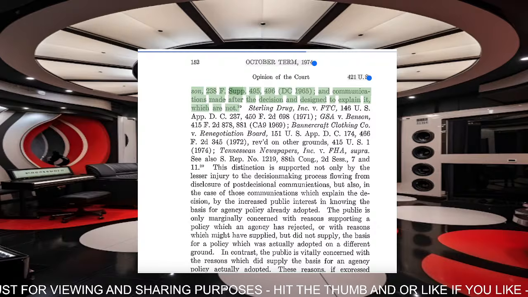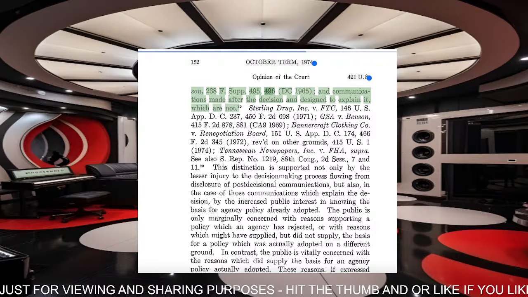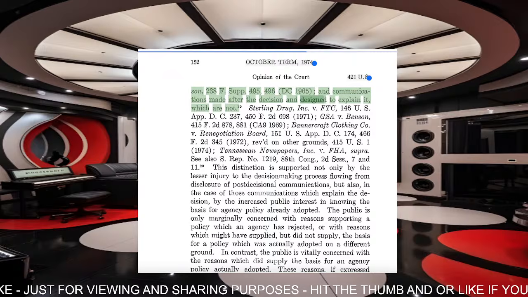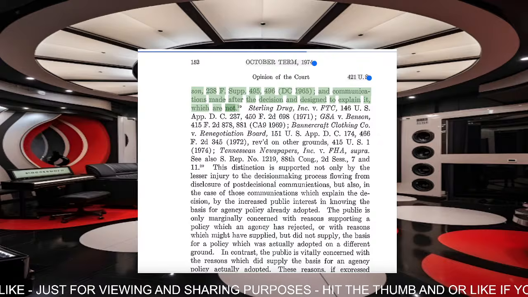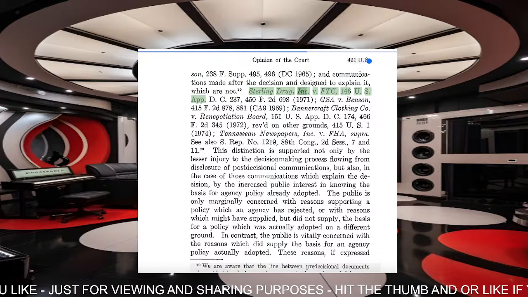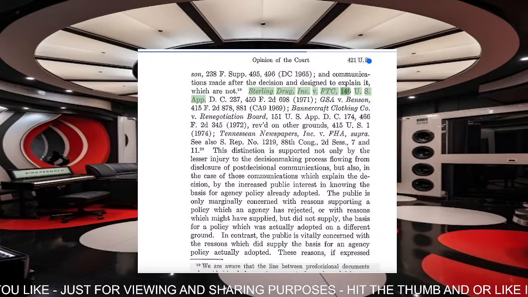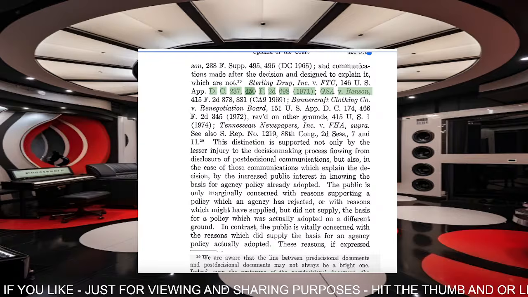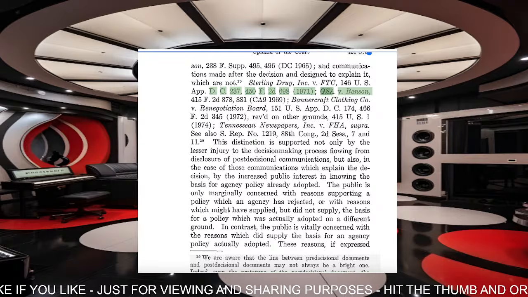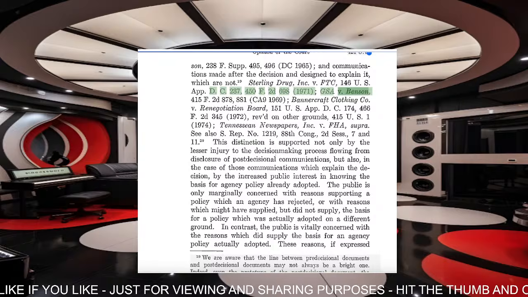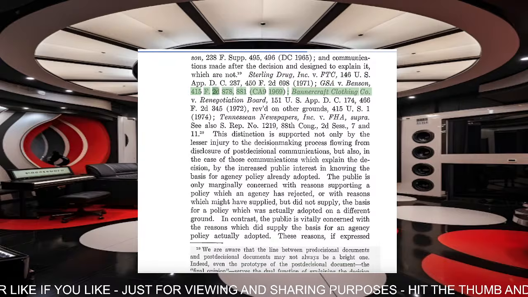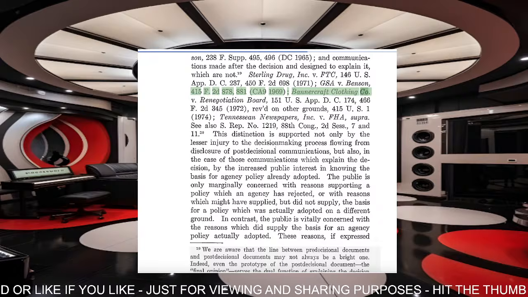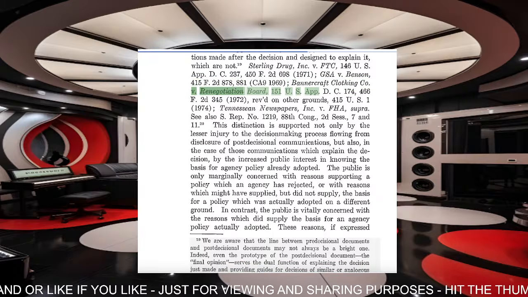Sun, 238 F. Supp. 495, 496. And communications made after the decision and designed to explain it, which are not. Sterling Drug, Inc. v. FTC, 146 U.S. App. D.C. 237, 450 F.2d 698; GSA v. Benson, 415 F.2d 878, 881; Bannercraft Clothing Co. v.